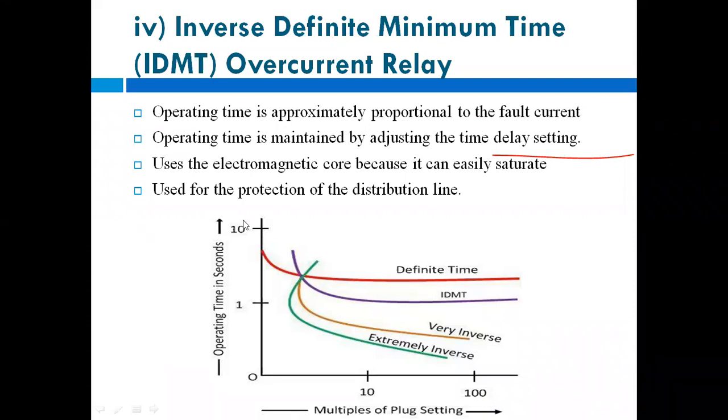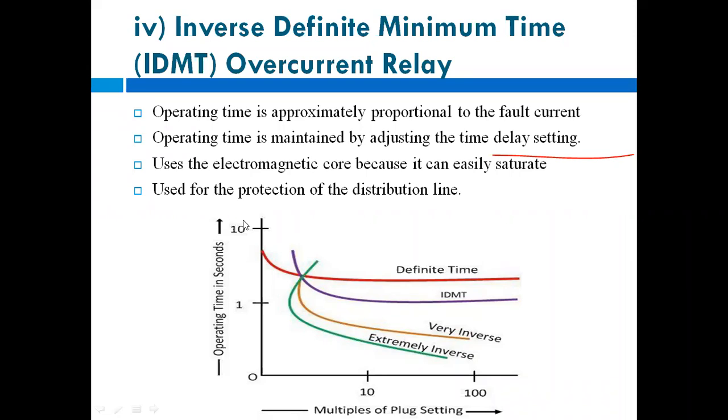So when we consider the electromagnetic core, when we give supply and current flows through that coil, the flux gets set there. And if we increase the value of current, the flux set in the core also increases.